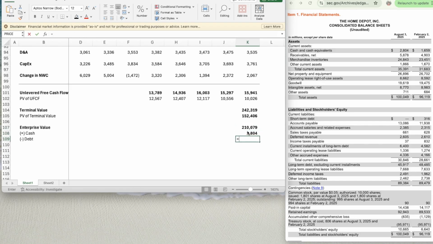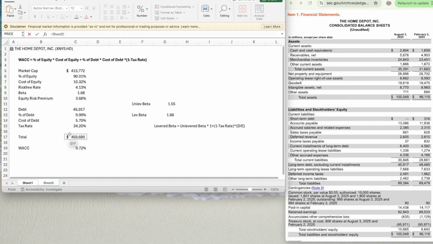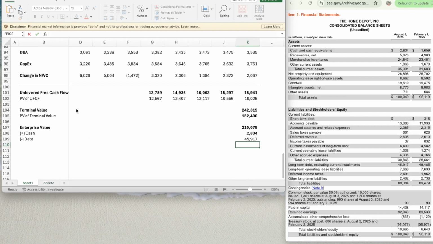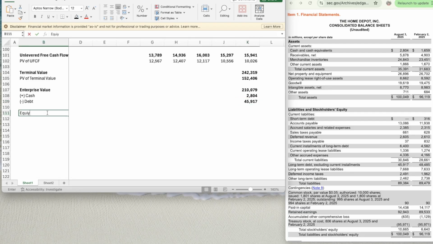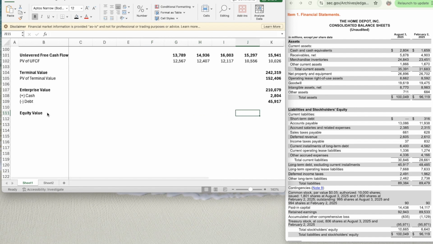And the debt we know from the WACC is, what was it, nearly 46 billion. Almost there. The equity value equals, take the enterprise value, add the cash, and subtract the debt.